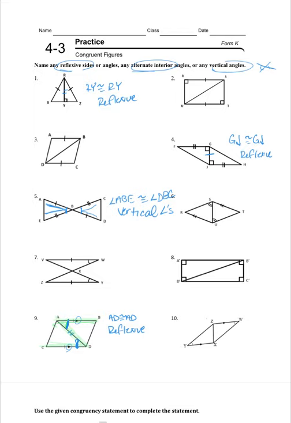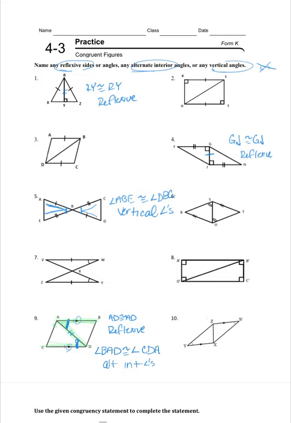So I'm going to start at the beginning of the Z. Angle BAD is congruent to, now start from the other side of the Z, CDA, and that's because of alternate interior angles. And then I don't see any bow tie angles, so that's the only thing that I can put there.